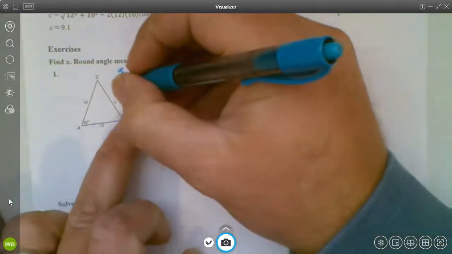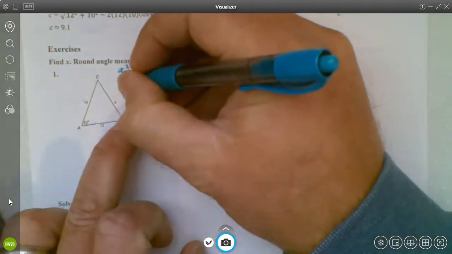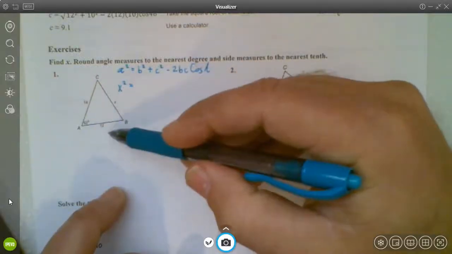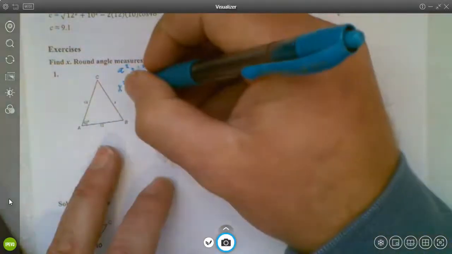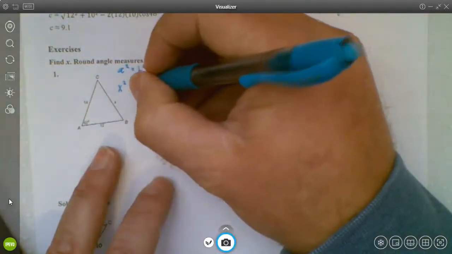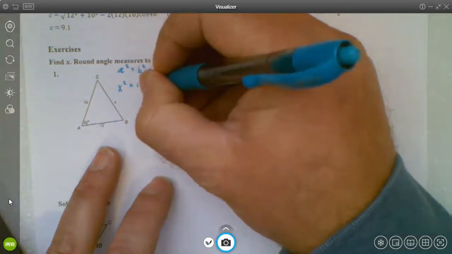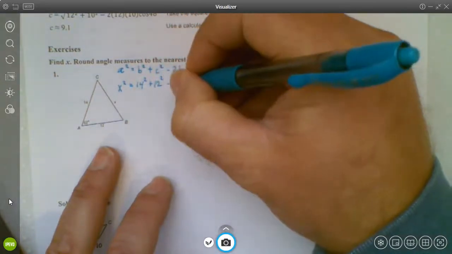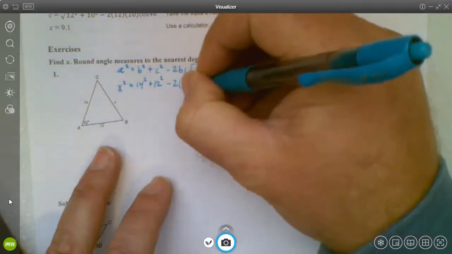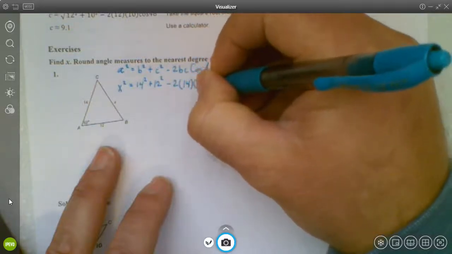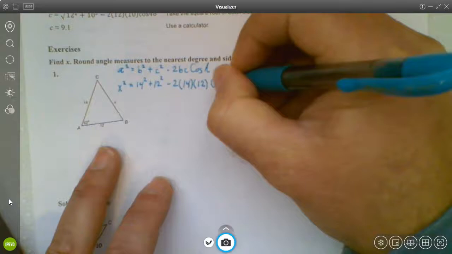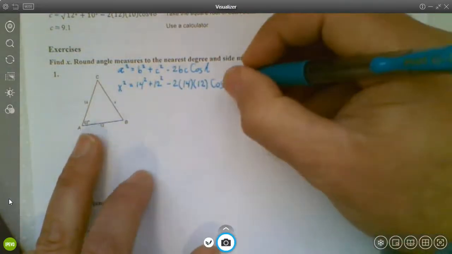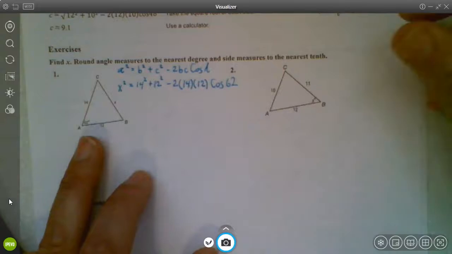That's going in for a, which makes b and c the other two sides of the triangle. That's the 14 and the 12. And then the one angle, our 62, is going to go in for angle A right there. And this is what we got.